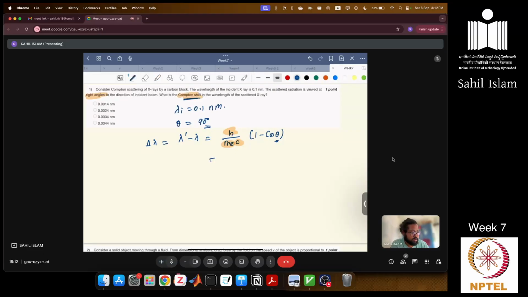This part has a value of 0.00243 nanometer, and 1 minus cos 90 is 1, so the answer is 0.0024 nanometer. So this is the correct answer.